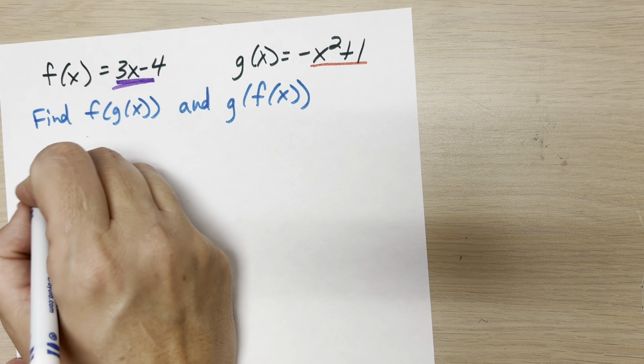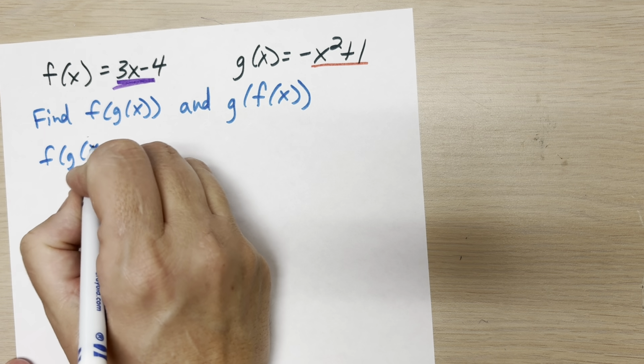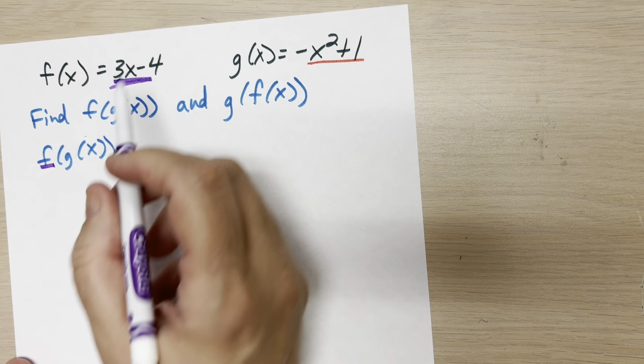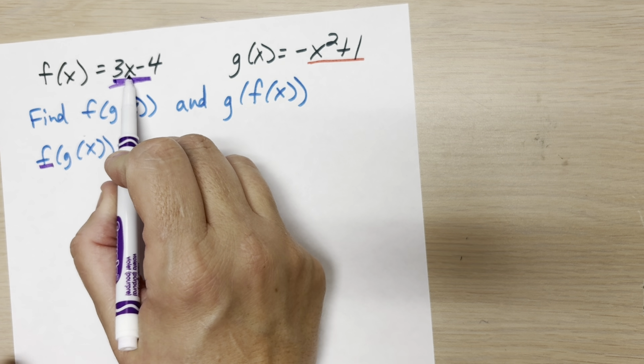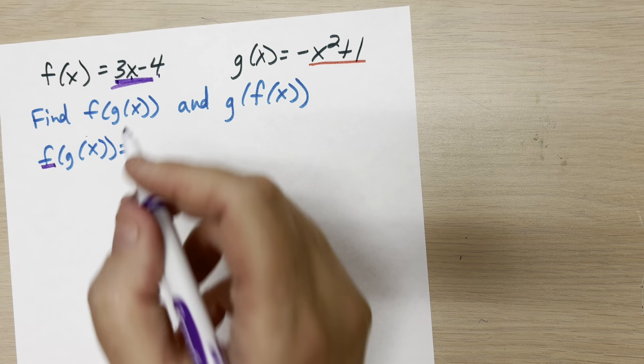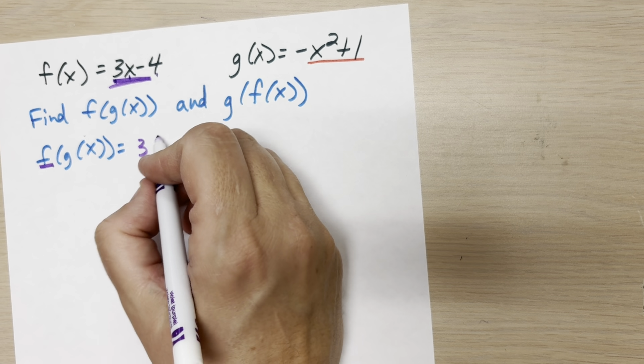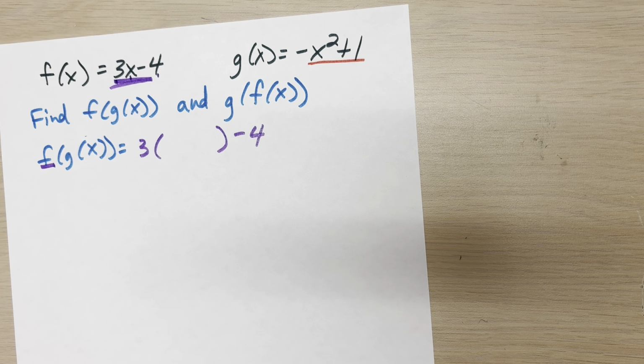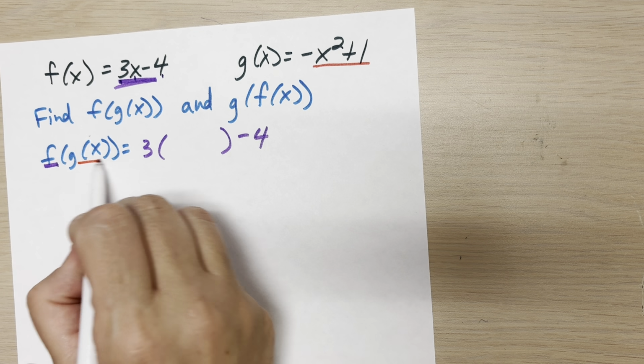So we're going to look for f of g of x. We're going to start with the f function rule, which says 3 times x minus 4. Or I can say 3 times something minus 4. What is the something, you ask?